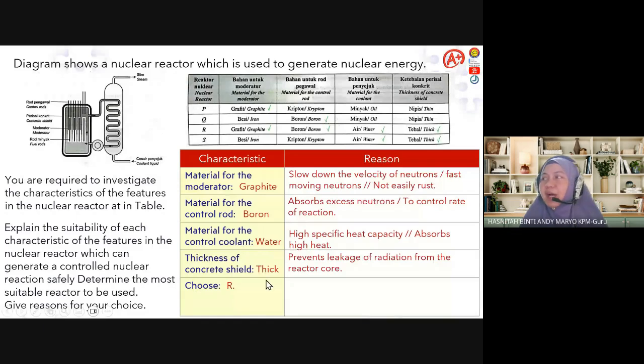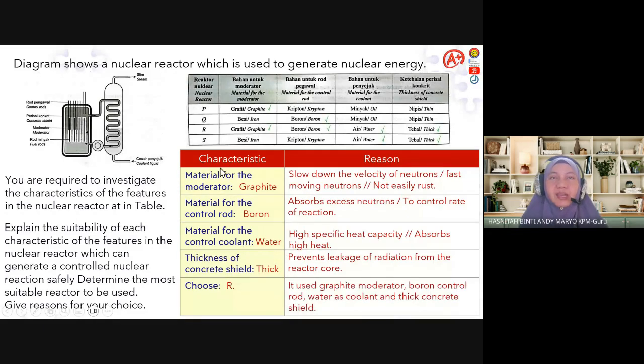So we choose R because it fulfills all the characteristics required for nuclear energy to run safely. Right? So choose R, it uses graphite moderator, boron control rod, water as coolant, and thick concrete shield.